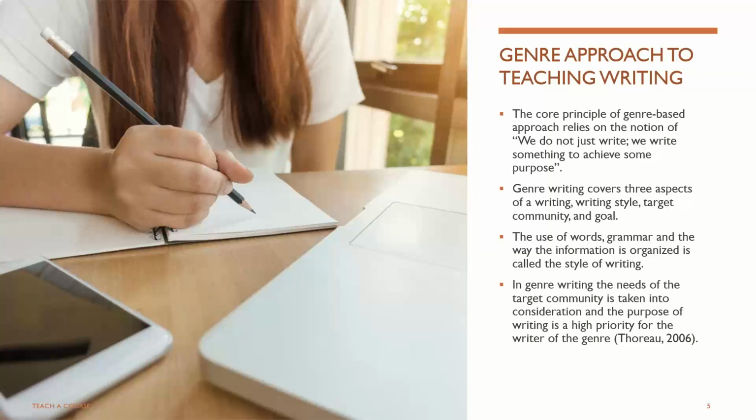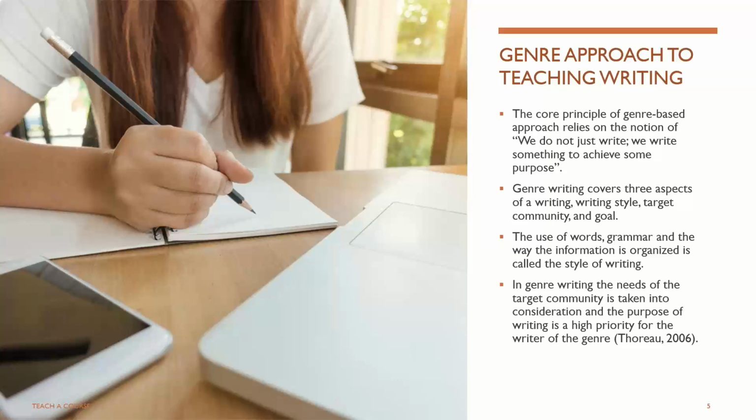But in this approach, the students are writing for a purpose. It means before starting to write, their purpose is clear, and they know exactly what vocabulary they are using, what grammar they are using, what schematic structure they have to follow, or who their audience are.